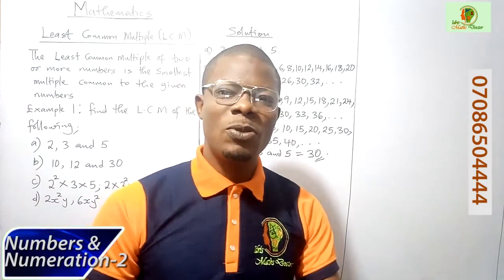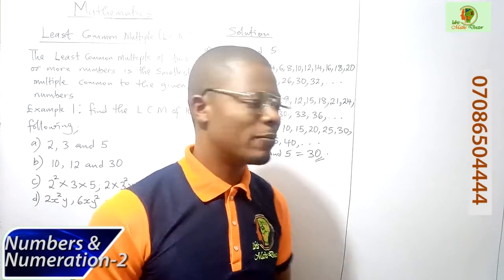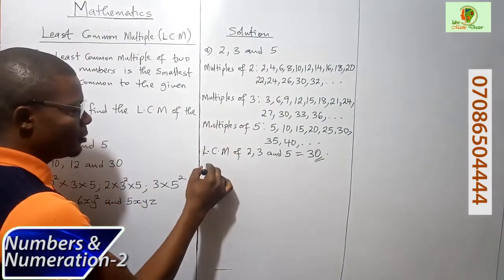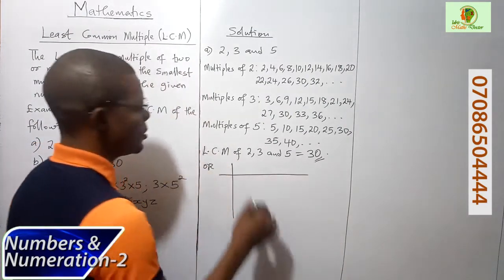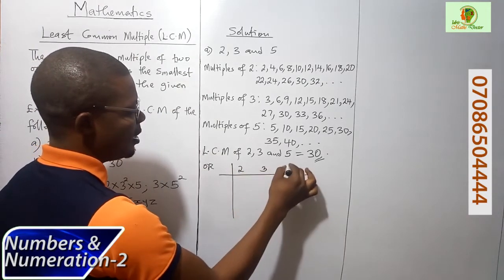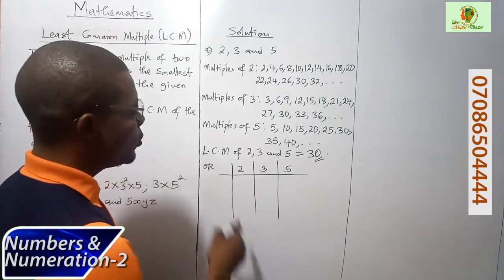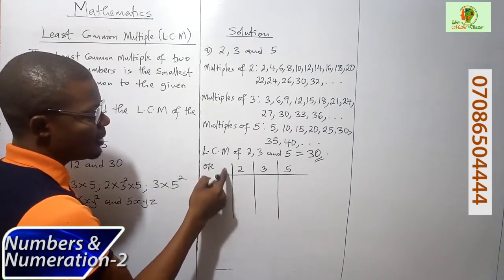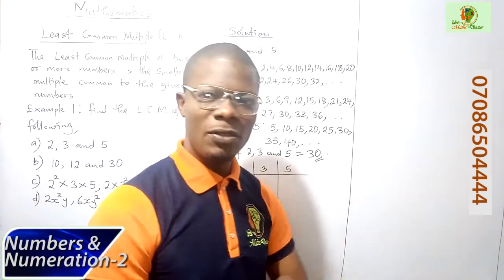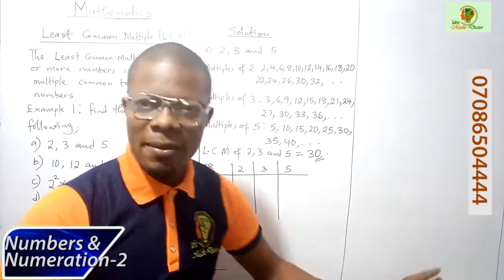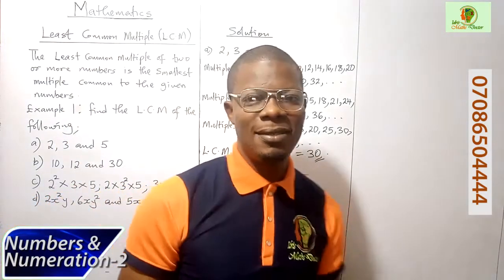I said I'm going to use more than one method. Or you can use this concept with 2, 3, and 5. You write numbers here that can divide any of them without remainder.